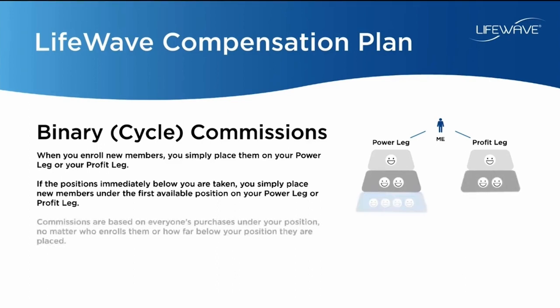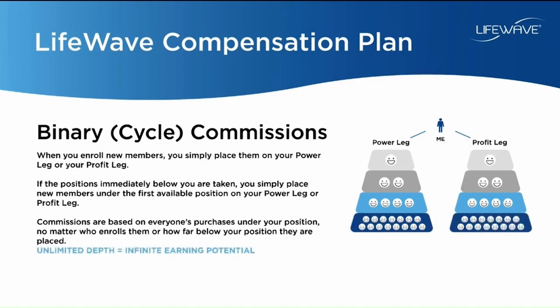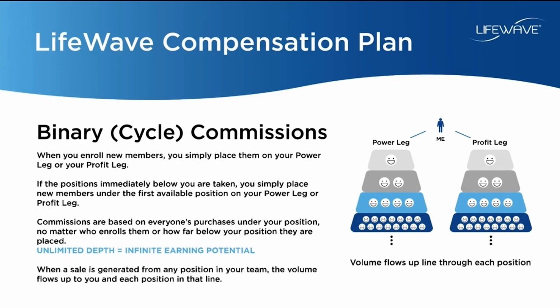Additionally, as your upline team works with you, they'll be placing people within your team, and you'll get paid on that volume as well. And you get paid to unlimited depths all the way down. Every single customer, every single distributor, every single member that's purchasing, you earn commissions on that volume as long as it meets the cycle ratio and is within the maximums that you can earn based on your paid as rank.